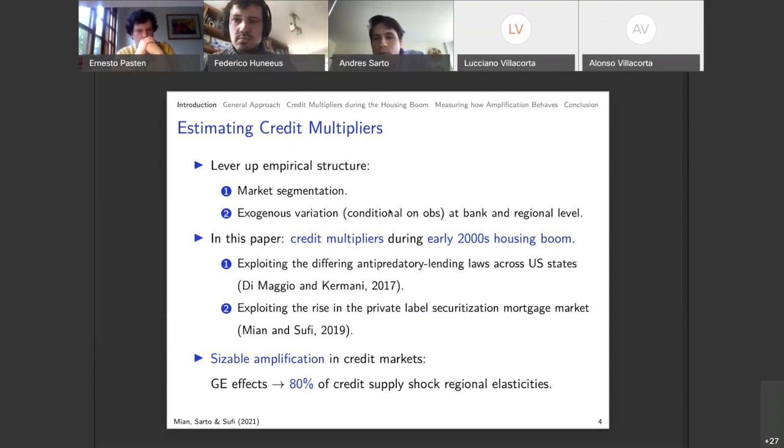So almost 80% of the credit supply shocks measured at the regional level are coming from these G multipliers, from these G interactions in proportional terms. I'm going to go over the particular numbers, but I think it's interesting that we find amplification first, and also that it is larger, maybe, than you might have expected.